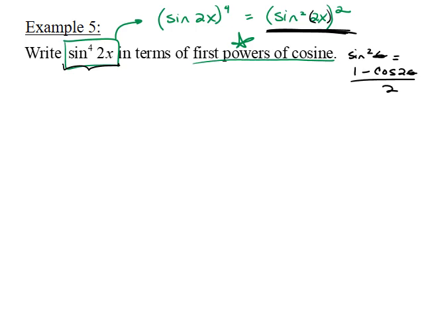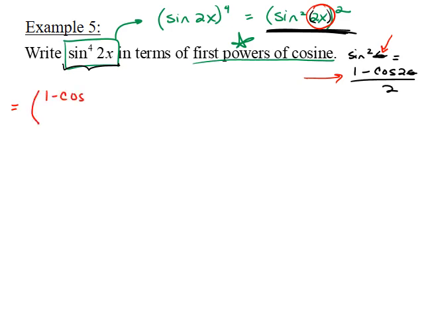So the thing we need to be cautious of is the formula has an argument of theta, but we have an argument of 2 theta, or 2x in this case. So when I apply this formula here, we end up with the following.